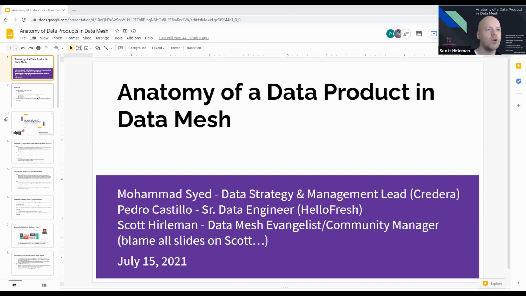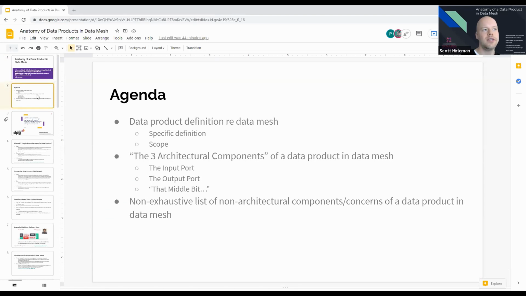So quickly, what is the agenda? We're going to go through what the data product definition is in data mesh, because people are still asking the question of what this actually means. There are some words on the page from what Zhamak has put out, but what does this actually transform into? Then the three architectural components of a data product in data mesh: the input port, the output port, and that middle bit.